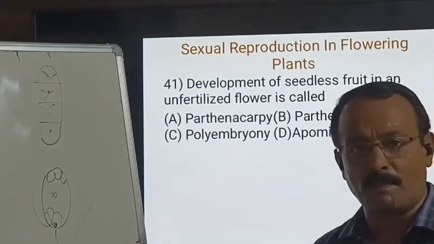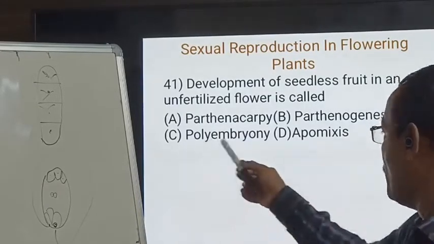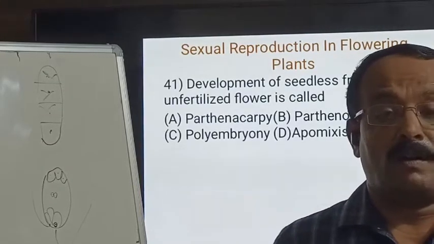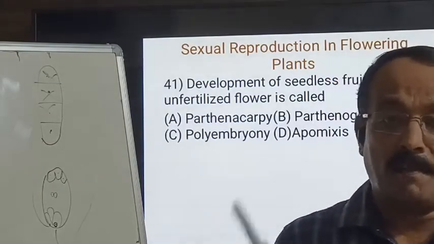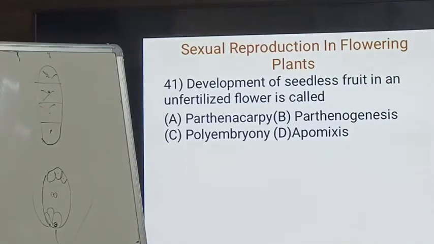Polyembryony, we already understand, is the presence of more than one embryo inside the embryo sac. Apomixis is the development of embryos without fertilization. Okay.